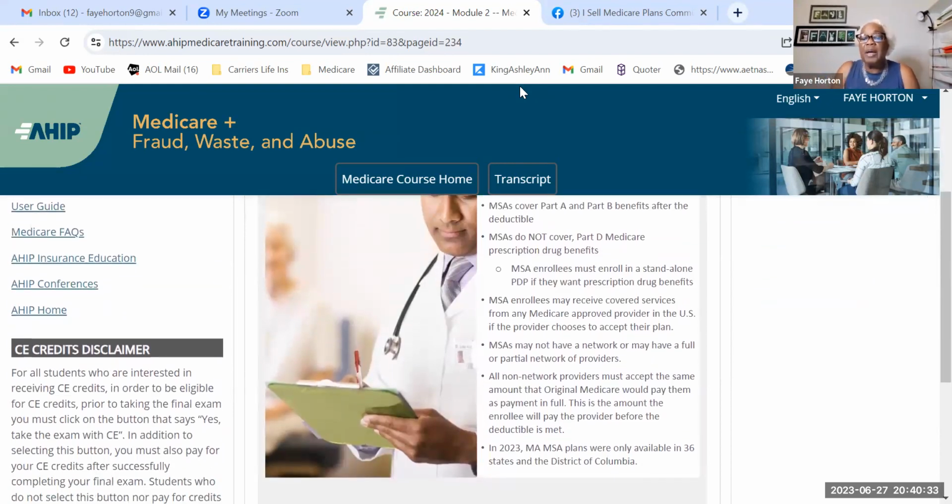Medicare savings account plans cover Part A and Part B benefits after the deductible. Medicare savings accounts do not cover Part D Medicare prescription drug benefits.